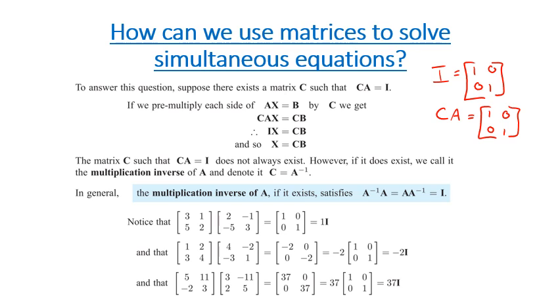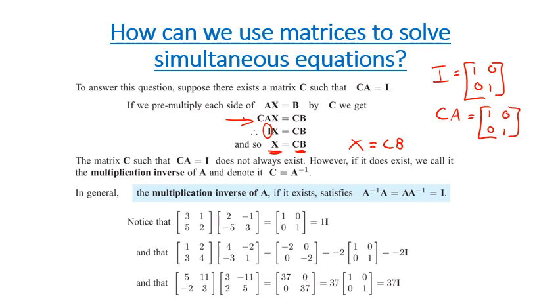If we multiply our C by our AX in our AX equals B equation, then we're going to end up with IX. Now remember, IX just leaves X, and that's going to be equal to CB. So we've ended up finding X because we've multiplied our B matrix by our C matrix.